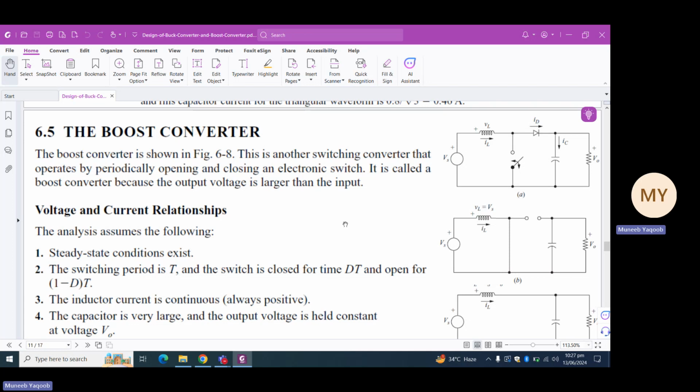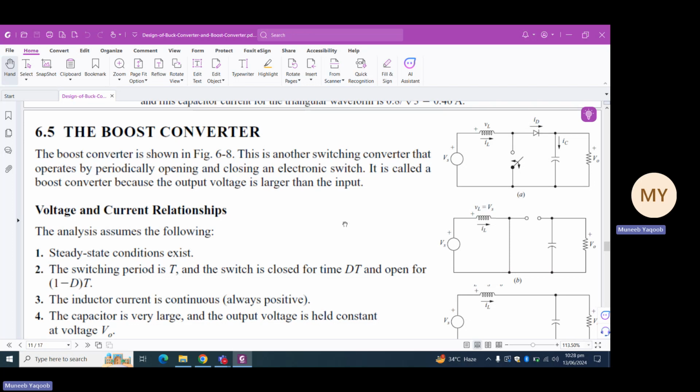The inductor current is always positive. That is, the boost converter is also working in its continuous conduction mode. The average voltage of an inductor is zero.